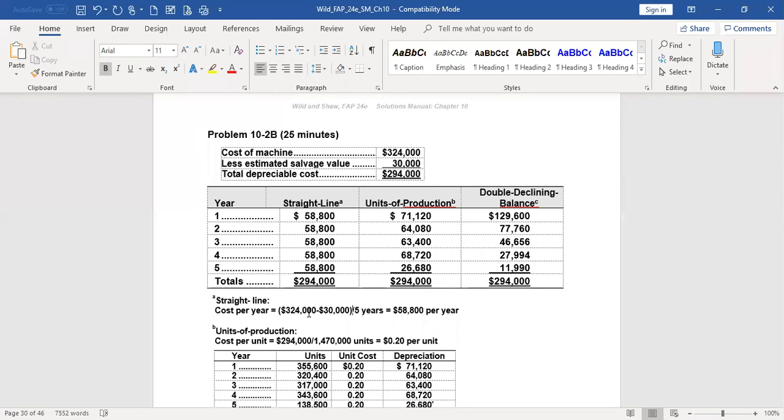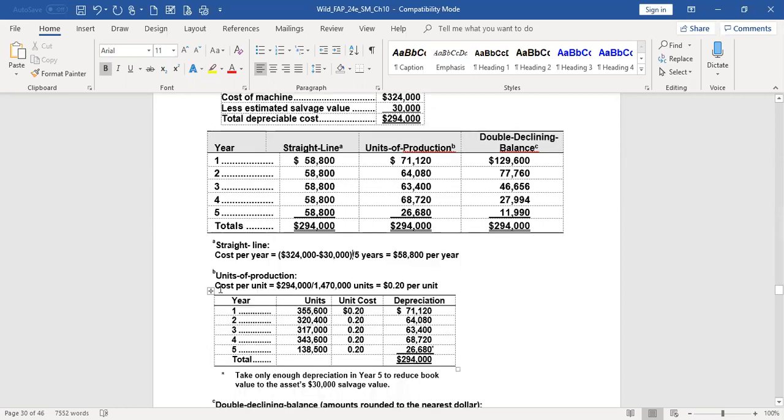Units of production, a different approach there. Remember, it is a two-step approach. Once you do the first step, it remains constant. Here, we take the cost of the machine, $324,000, minus the salvage value. That will give us $294,000.